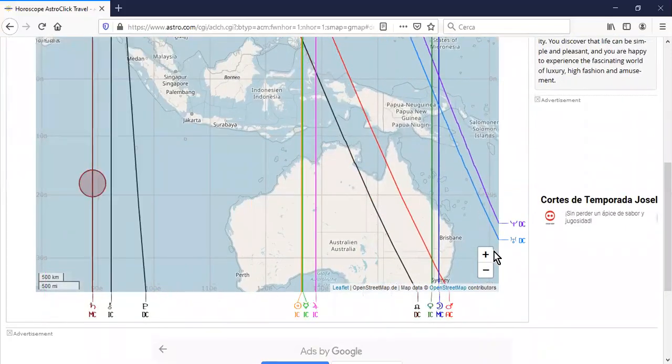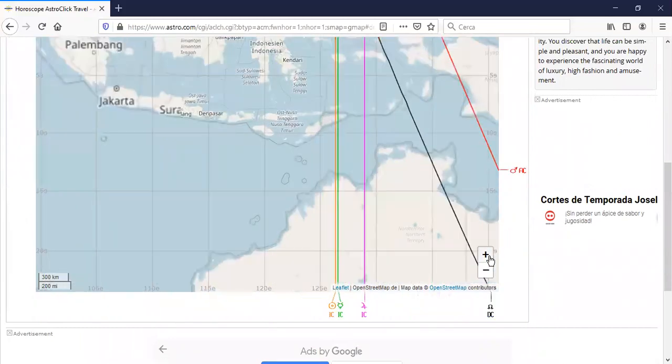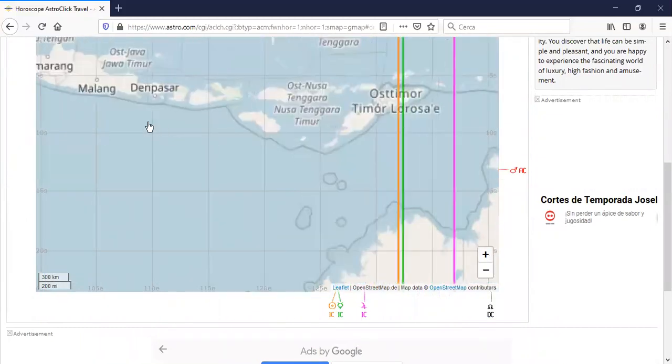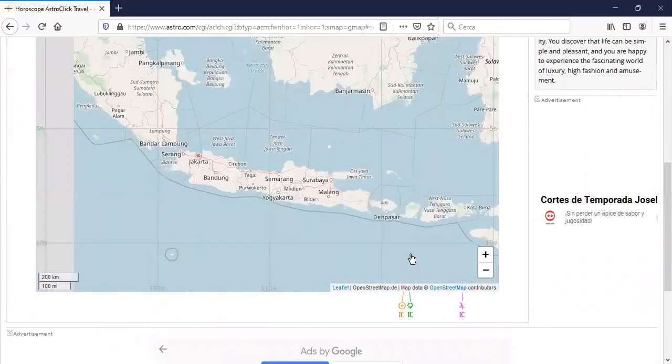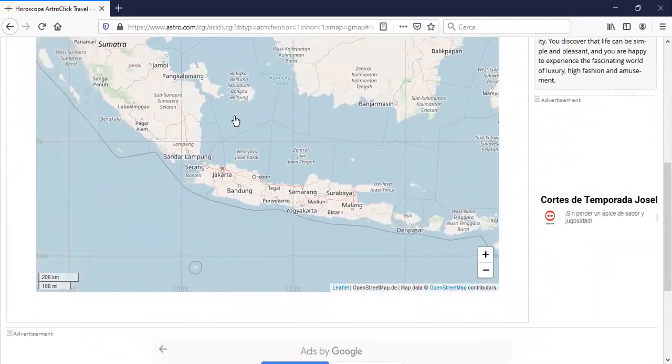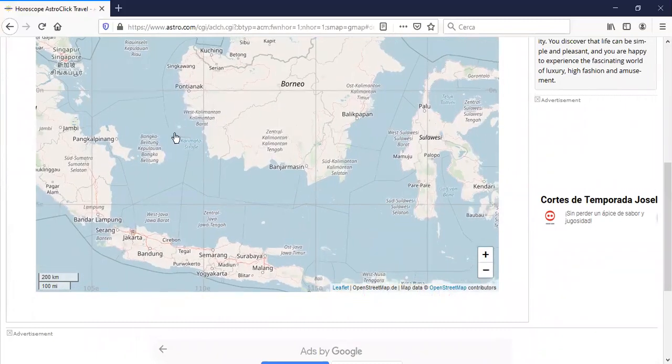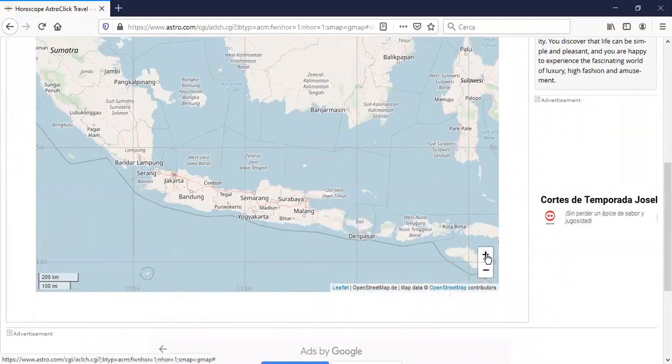And another place where I've been wanting to visit is Bali in Indonesia, and I want to look at what kind of influences would show up for me here.